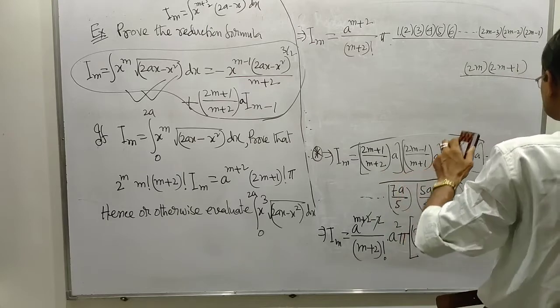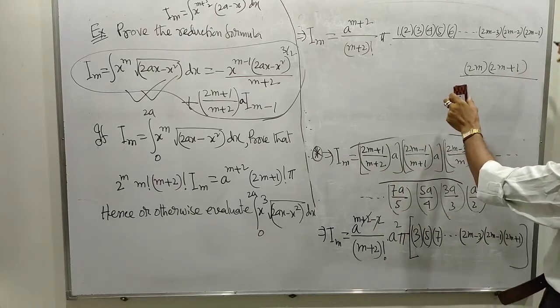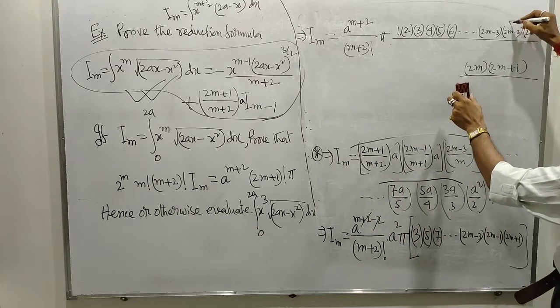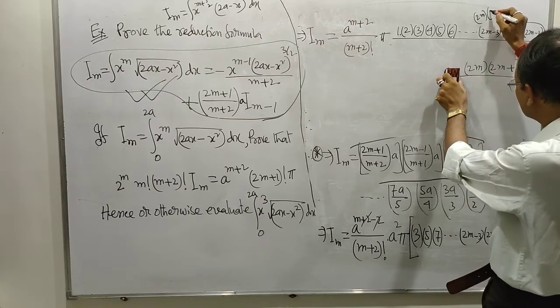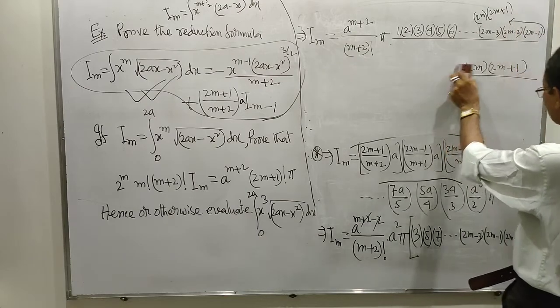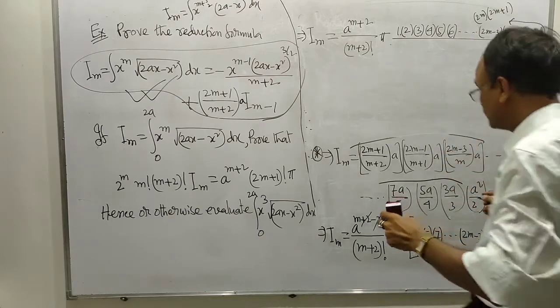And I should write it in the upper side of this here, into twice m plus 1. Thus I am writing here.